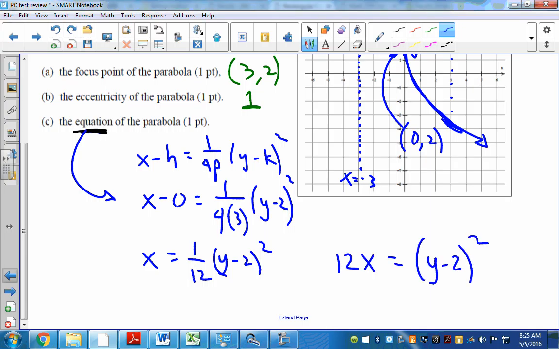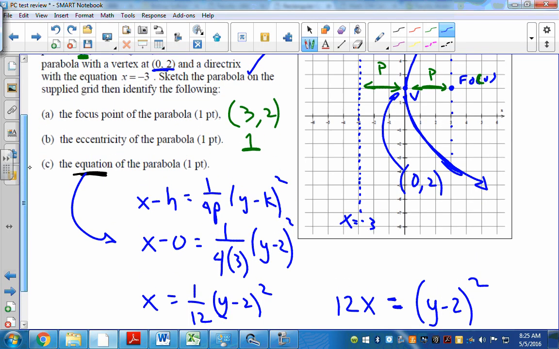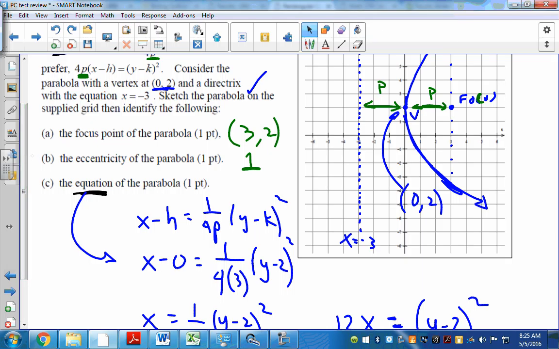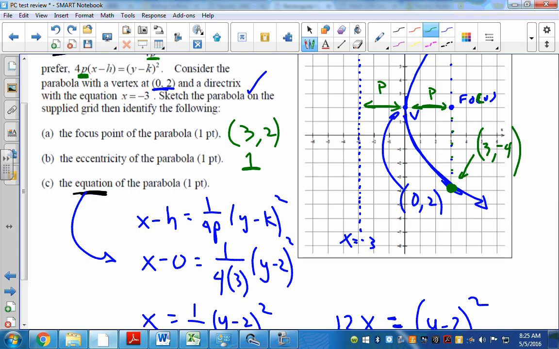And just sort of as a reality check, let's take a point that we said was on the parabola. Remember, we said that this point right here, 6 down, 1, 2, 3, 4, 5, 6, was on the parabola. That would be the ordered pair (3, -4), just to make sure that we're not messing things up.